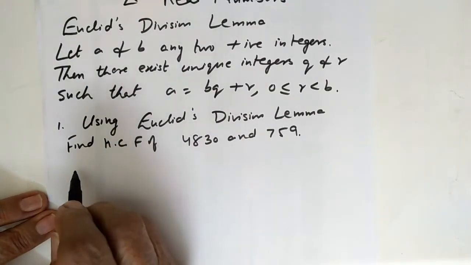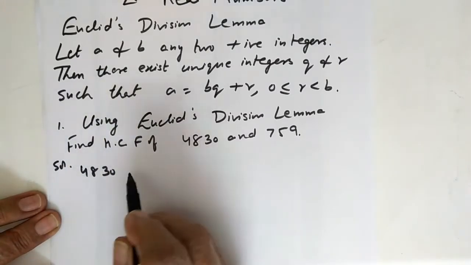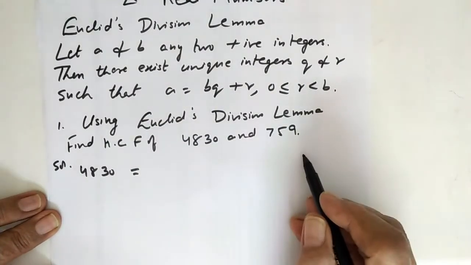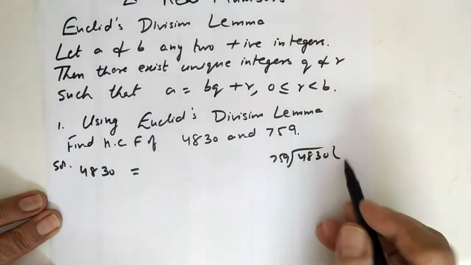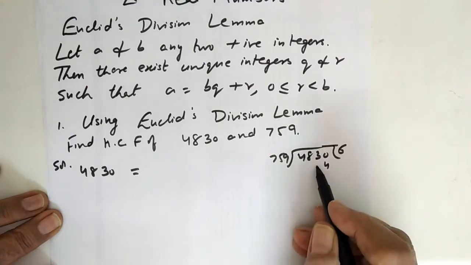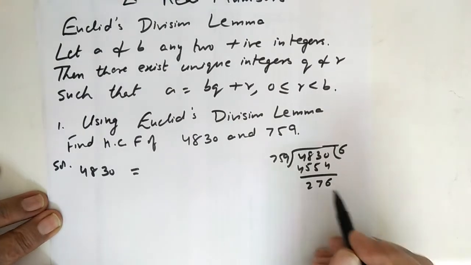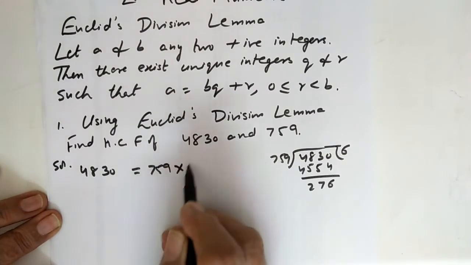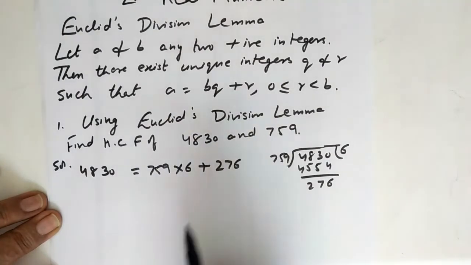So, Euclid's division lemma: 4830 is equal to, to find q, we have to divide 4830 by 759. Divide it by 759, it is divisible by 6. The remainder is 276. So you can write this as 759 into 6 plus 276.